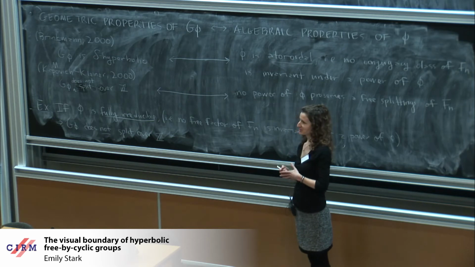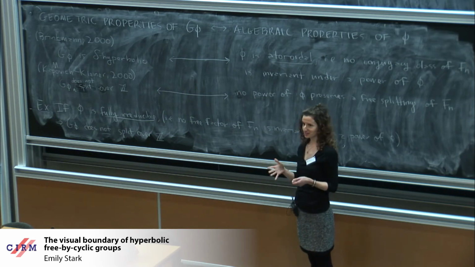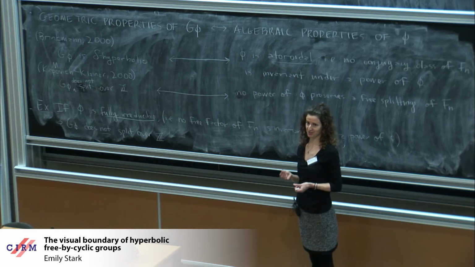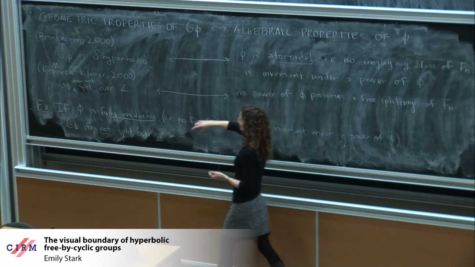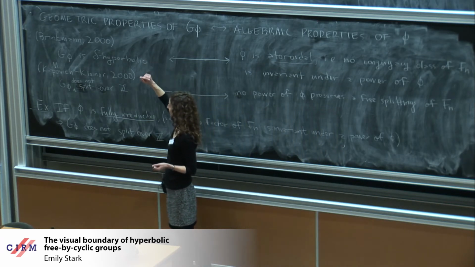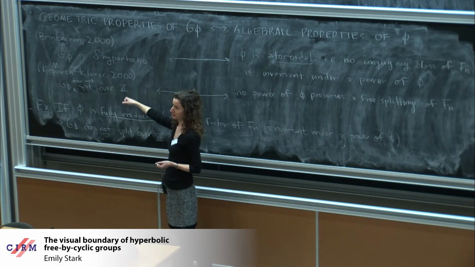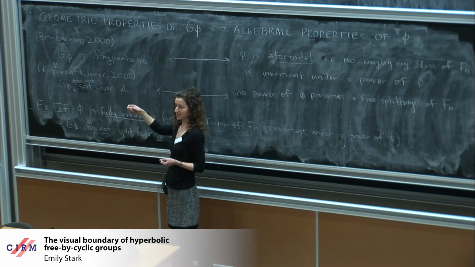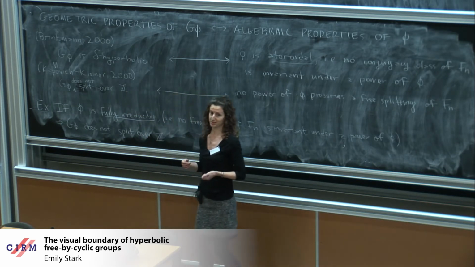So one problem in geometric group theory that was an underlying motivation for this project is to understand the quasi-isometry classes within the class of free-by-cyclic groups. Both the properties of being delta hyperbolic and the property of virtually splitting over a two-ended subgroup are quasi-isometry invariants for finitely presented groups.